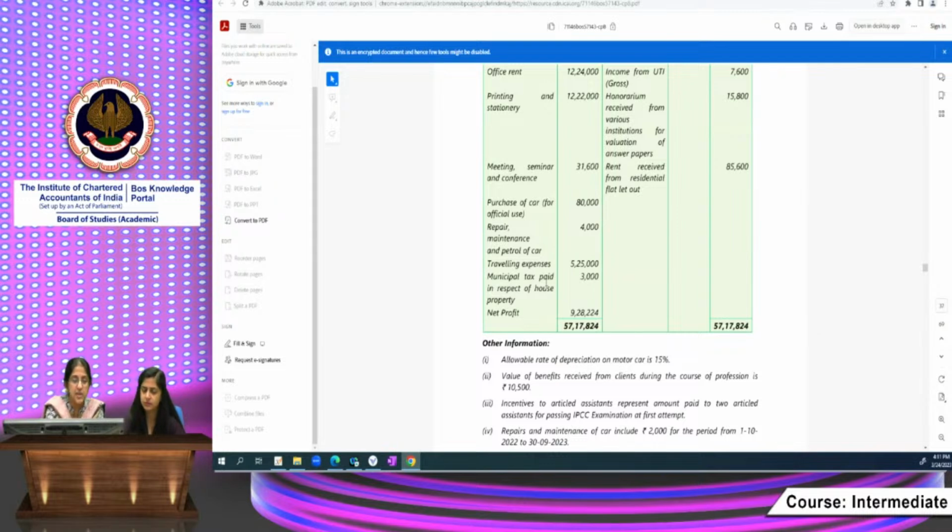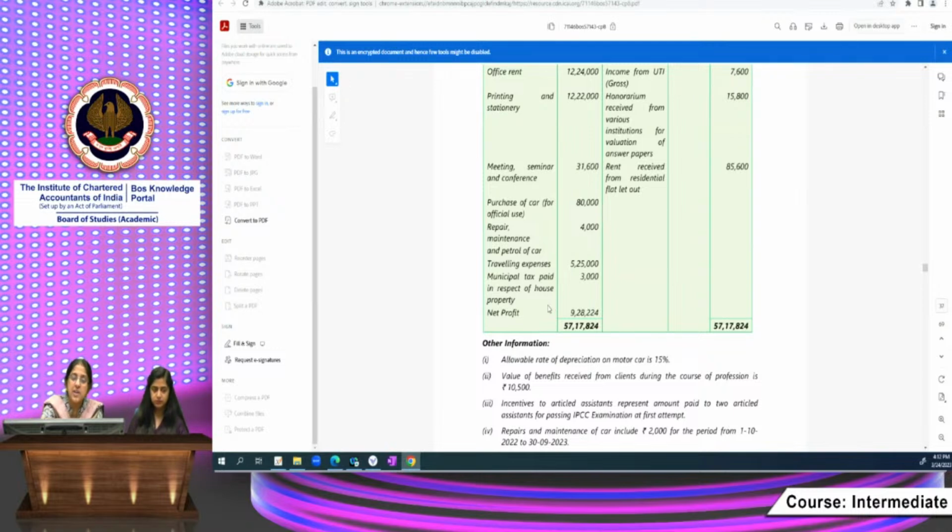This one won't work here, but the net profit of 928,224 will be taken as a starting point in our calculations, and we will be adding whatever is not to be allowed, because whatever is allowable has already been provided. Of course, if something is given in the additional information that has not been given effect to, then I have to further deduct it.